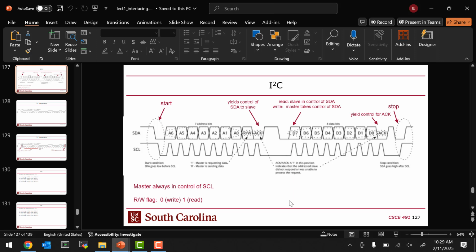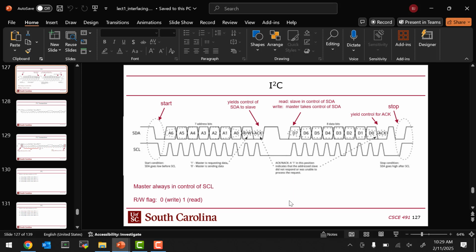But when you read, you have to do it as 2 separate transactions. The first transaction sets up the read by sending the address that you want to read from on the sensor. And then the second one actually allows the slave to send the value back to you. But both of them have the same address, which is the device address.